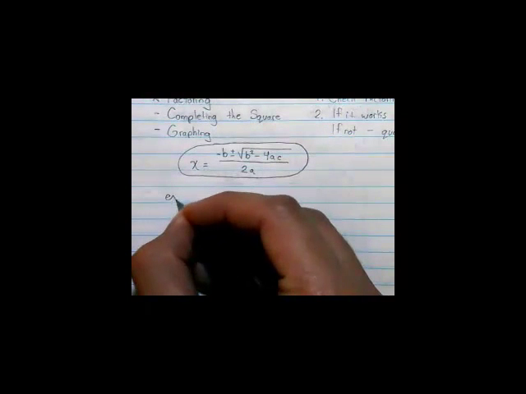But if you don't, that's just something you need to know. That's a pretty standard equation that we're going to continue to use this year and in AP Calculus quite a bit. You just got to know it. So, all right, let's see if we can use this guy to help us. Okay, so remember, first we're going to check for factoring, then if it doesn't work, use the formula.